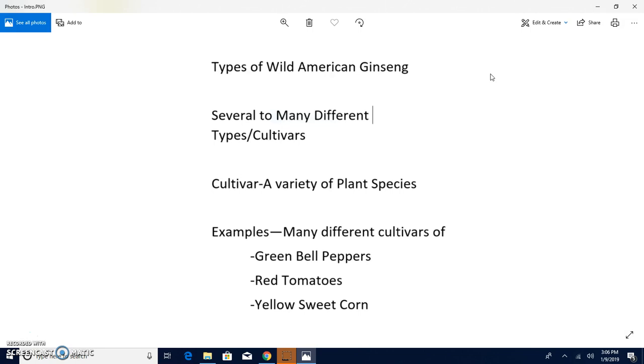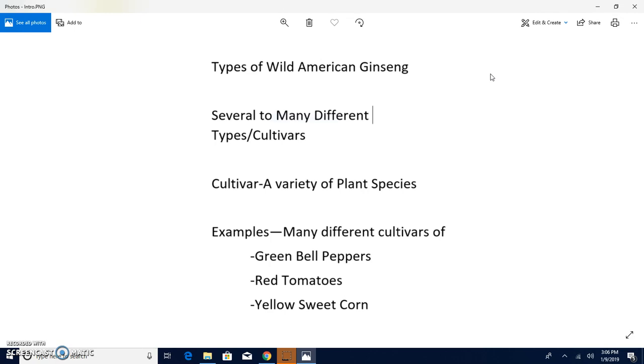An example is green bell peppers. There are several different types, and you really can't tell the difference just by laying one down on the table and another one next to it.